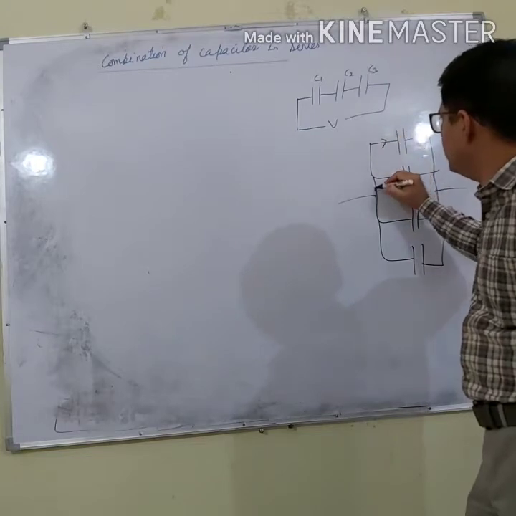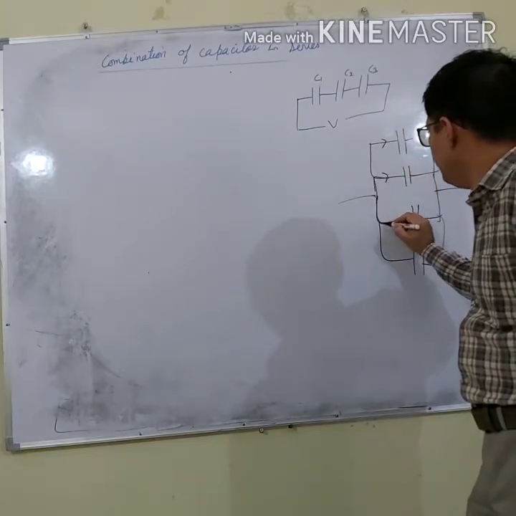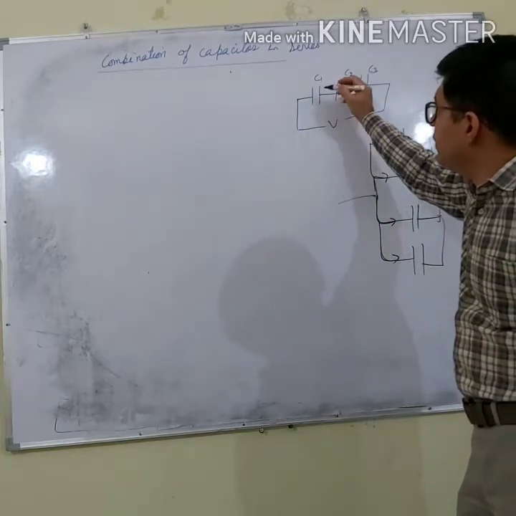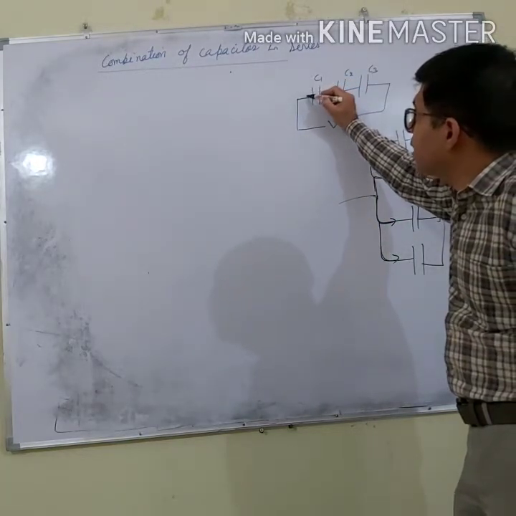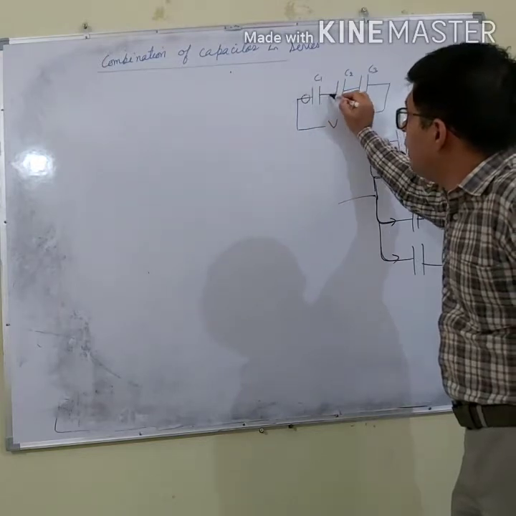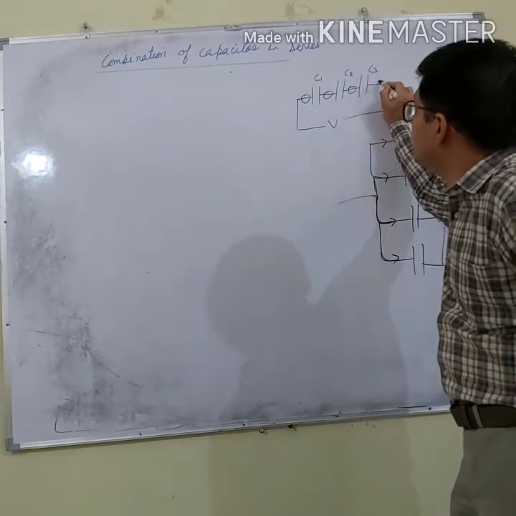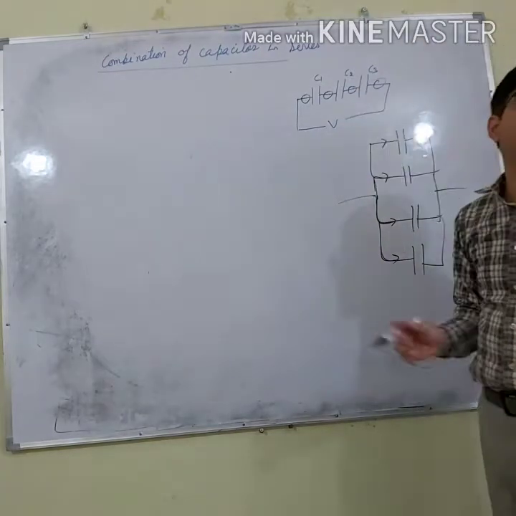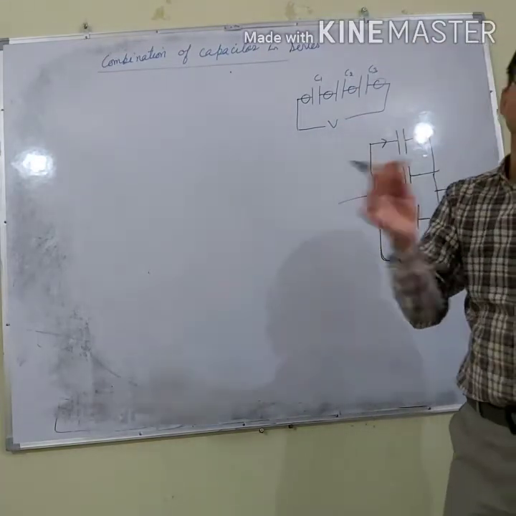First path, second path, third path, fourth path. But here in this case, there is only a single path. Along this route, charge can flow. Right? So such a combination is called the series combination.